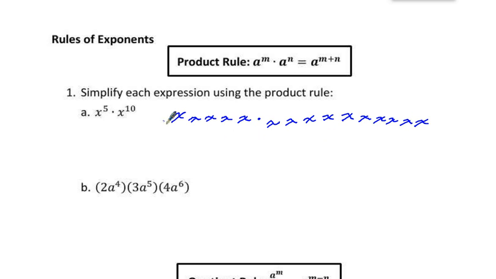If I find out how many x's I have so that I could write x to one power, we add 1, 2, 3, 4, 5, 6, 7, 8, 9, 10, 11, 12, 13, 14, 15. 5 plus 10 equals 15.